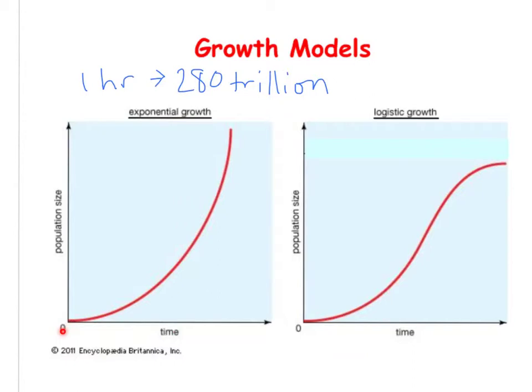Now, a more realistic growth model would be this one, logistic growth. In the logistic growth model, you can see that the curve begins in the same way that our exponential growth curve began.